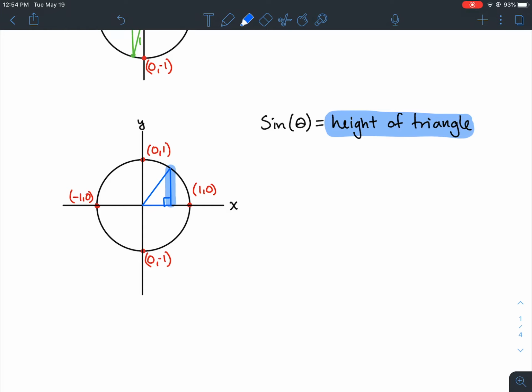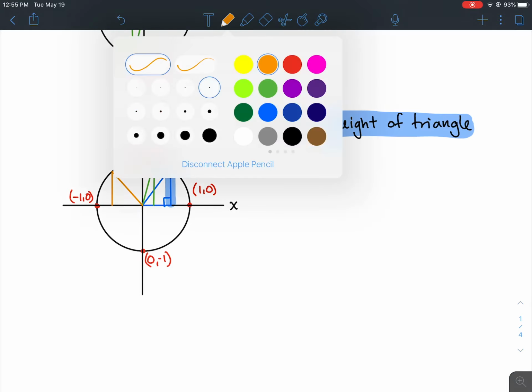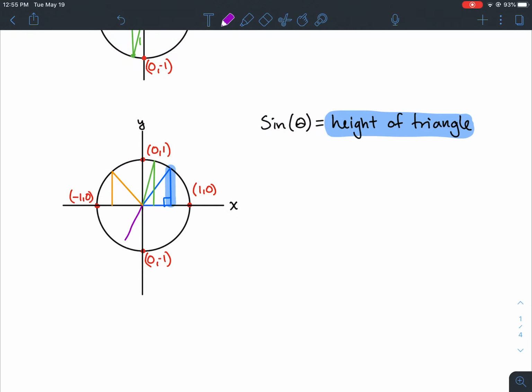And so we can make an infinite amount of triangles within this circle that all have different heights. So I could make another triangle that goes to here, another triangle that goes here. We're basically going to be able to make any amount of right triangles within this circle that we can measure the height of.